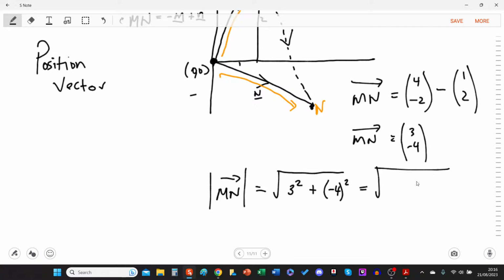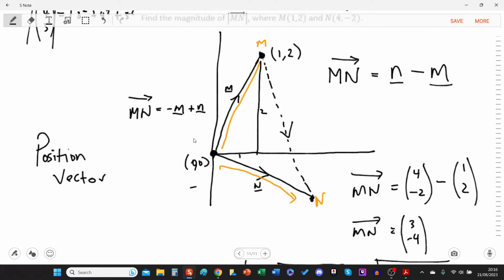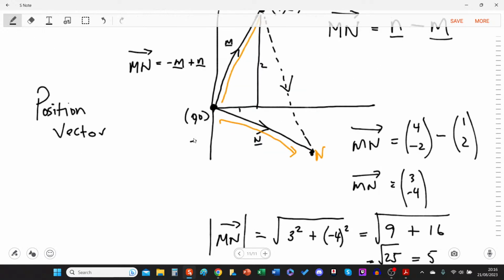Do it properly, why not? That's going to be 9 plus a positive 16. It's going to be the square root of 25, which is 5. And we knew that because we did it via different methods before, but the same thing works with vectors. So vectors, they get a lot more fun at A level.